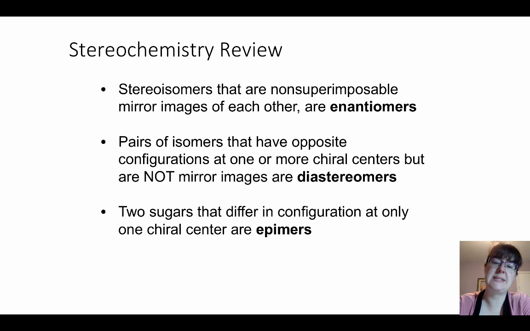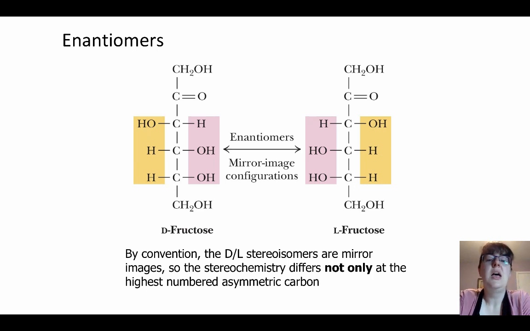What you may notice is that epimers are a specific kind of diastereomer. Diastereomers are different at one or more chiral centers. Epimers are more specific in that they're different at only one chiral center. So this is an example of enantiomers, where they are mirror images.